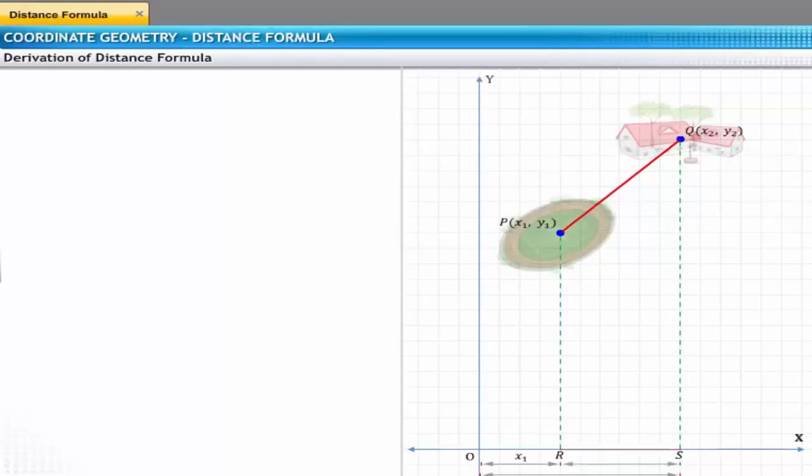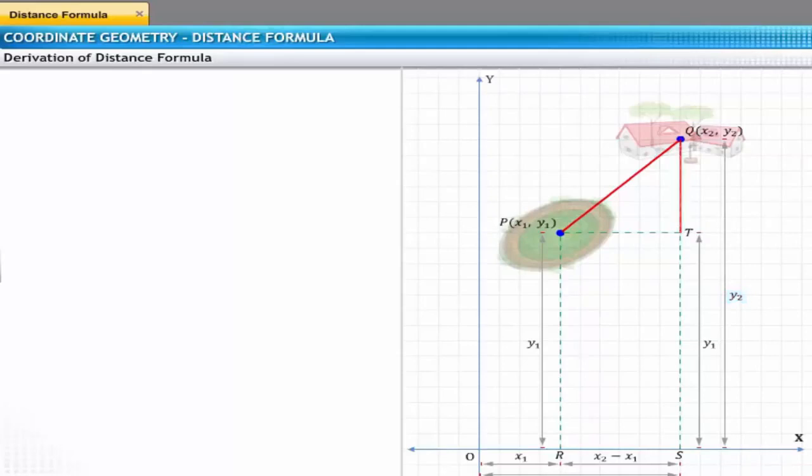Now, the length of RS can be determined. RS equals OS minus OR, which is x2 minus x1. Next, we draw a perpendicular line from point P to line QS intersecting at point T. If you notice, the distance from point P to R is y1, because the y-coordinate of P is y1, which is equal to ST. Similarly, distance from Q to S is y2.